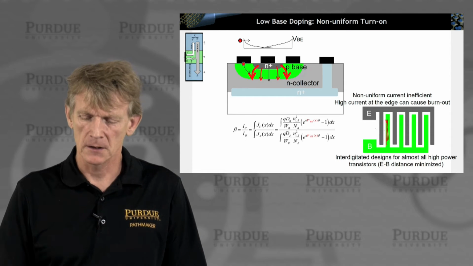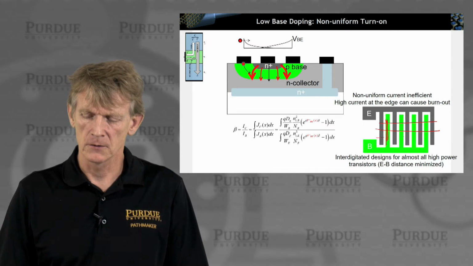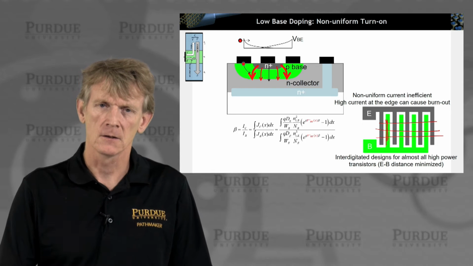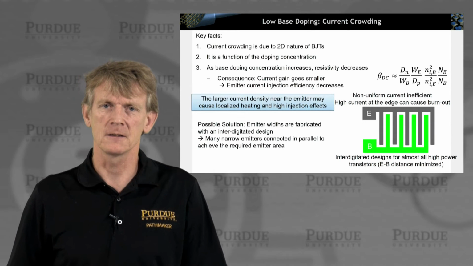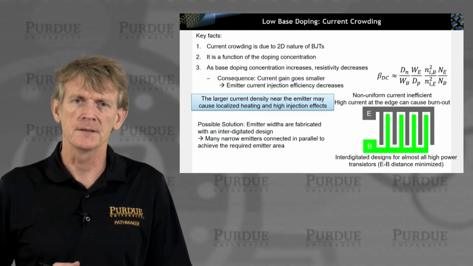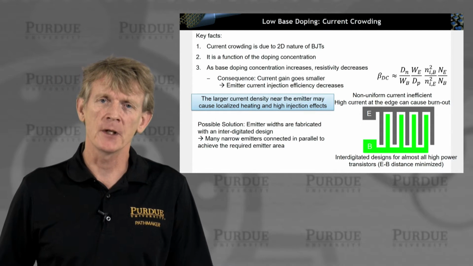But at least in these directions, you should have reasonably homogeneous electrostatic fields. So that's the concept here of an interdigitated design. So let me summarize here that this is a two-dimensional effect.